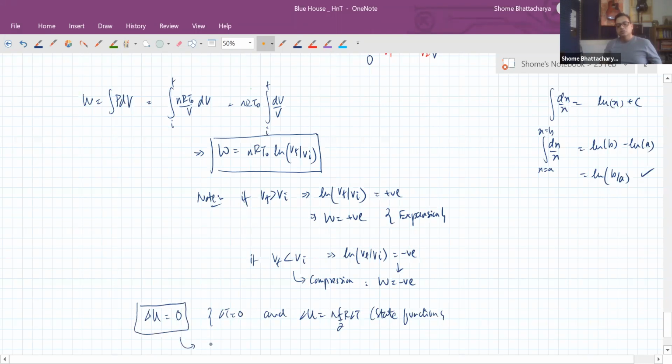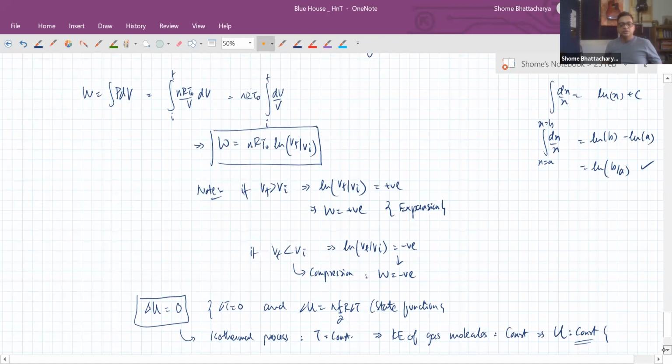Logically also, the temperature is constant. Therefore, the kinetic energy of gas molecules remains constant. So internal energy is constant. It does not change.